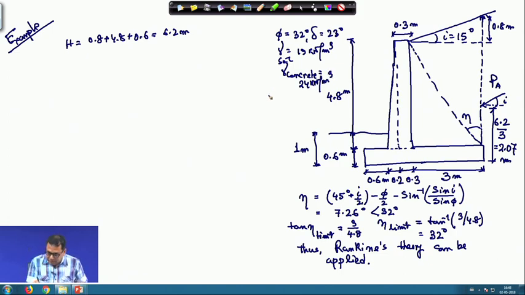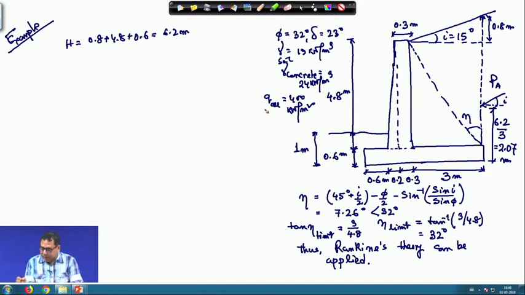Okay. And q allowable was 400 kilonewton per meter square. Okay. This is q allowable. So, these were the properties.